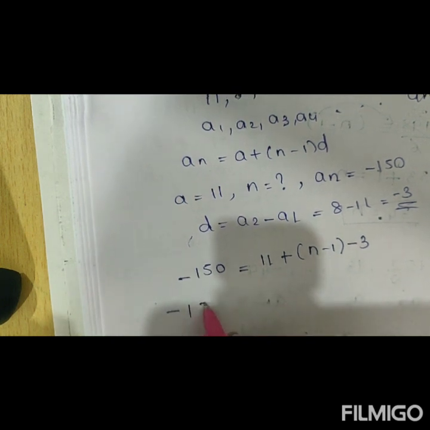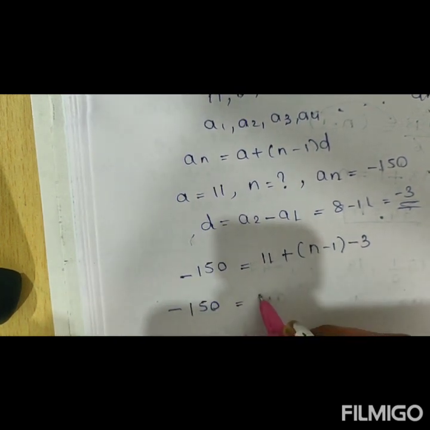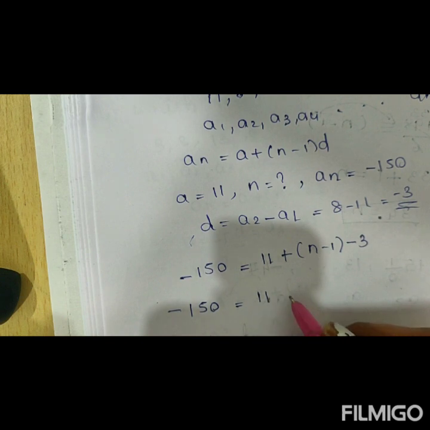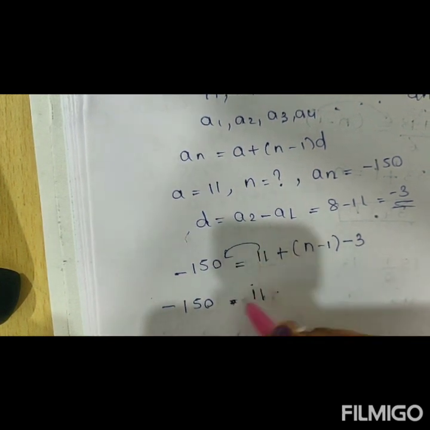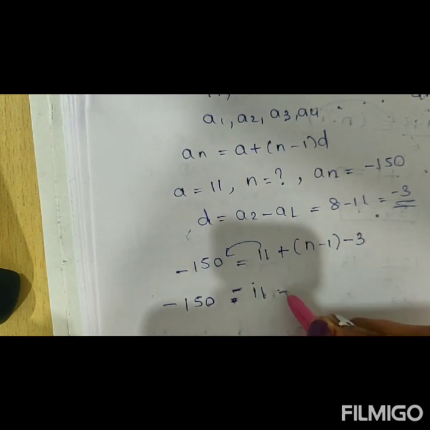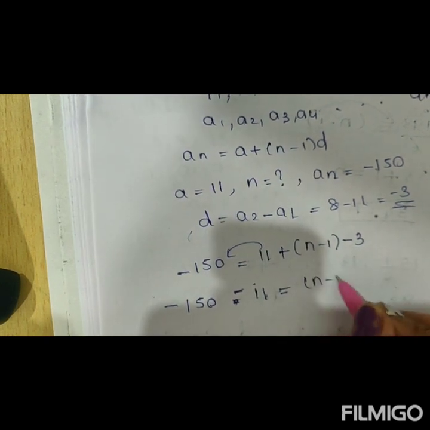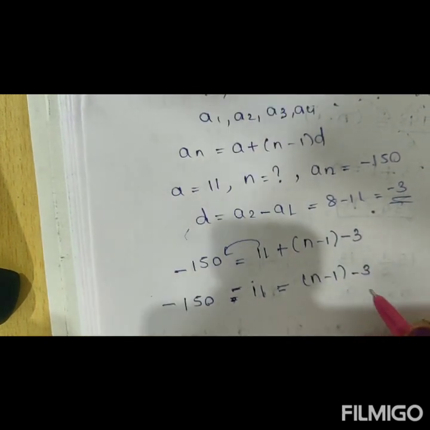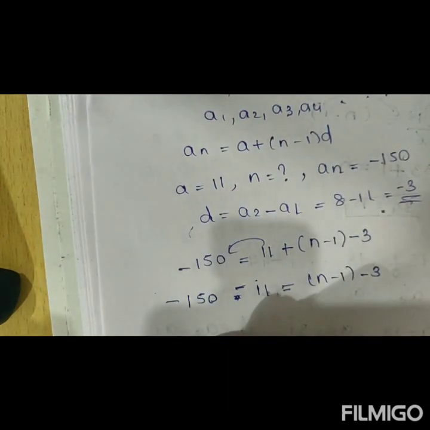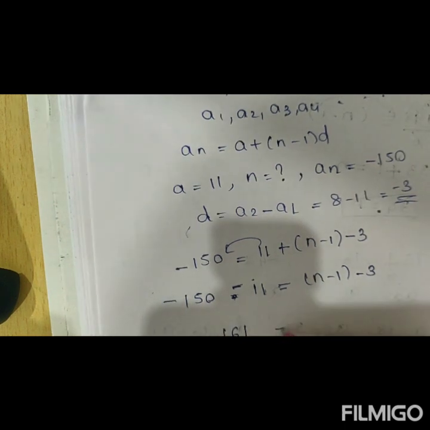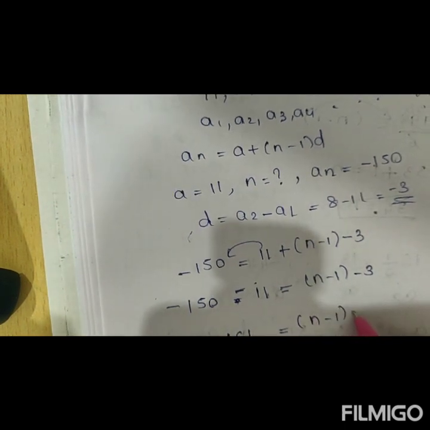So minus 150 is equal to 11 plus N minus 1 into minus 3. 11 will come this side, so it will become minus 11. That's equal to N minus 1 into minus 3. So the answer will be minus 161, that's equal to N minus 1 into minus 3.